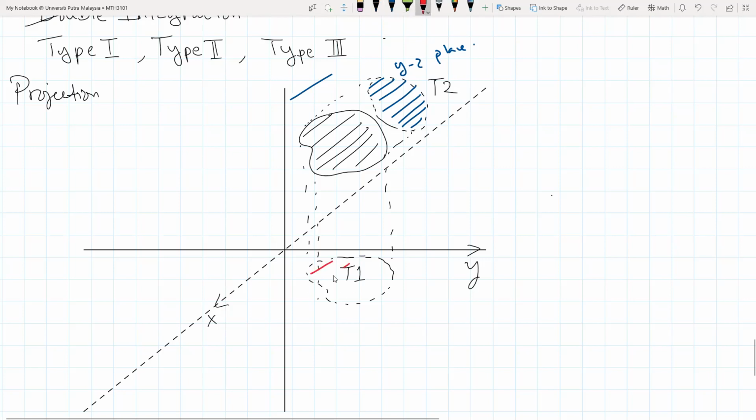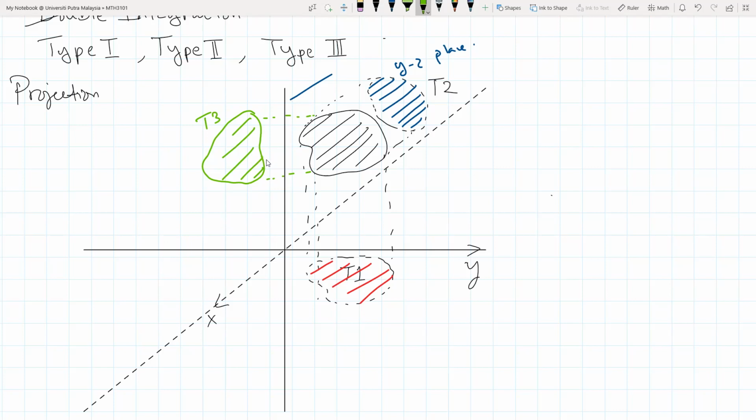So this is type 1. And then if I project this onto the XZ plane, so let's say this projection, okay, this is type 3. You don't have to remember, but you need to know what's the key point in this particular problem.